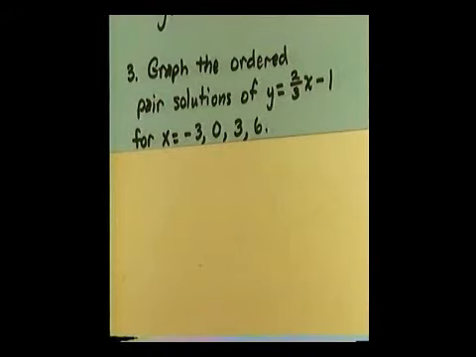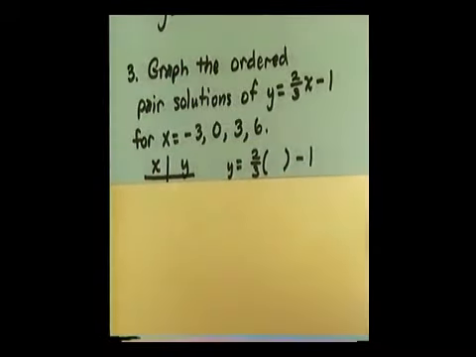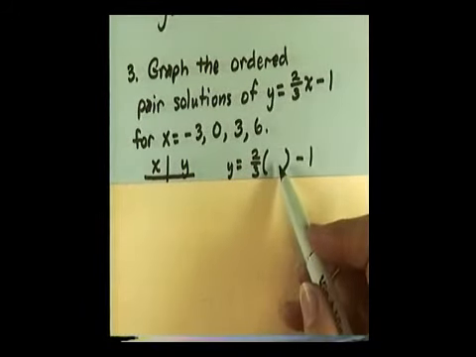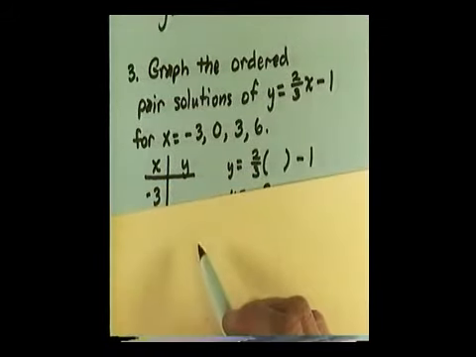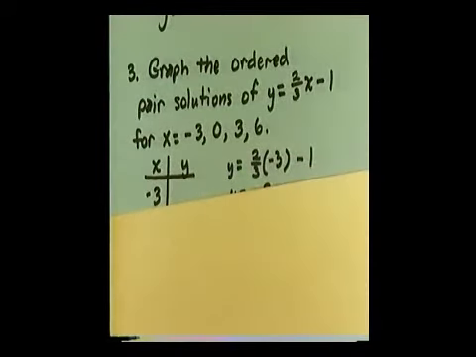Well, we'll treat them one by one. To organize the work, let's make a table of values. Our table of values will have x and y. We'll be working with y equals 2/3, fill in the x value, subtract 1. The first x value we want is negative 3. So let's fill in negative 3 in place of x.